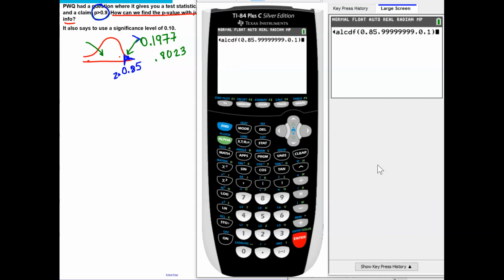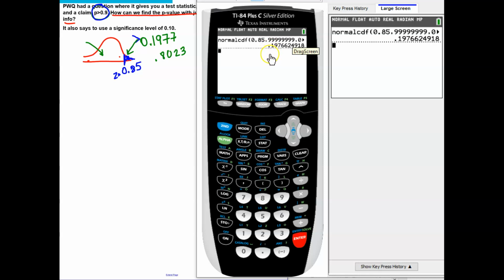Scroll down, click paste. If you have a TI-83 calculator, this is how your screen will probably look. You will need to enter in the parentheses the left value, the right value, then mean 0, and standard deviation 1. Click enter again.